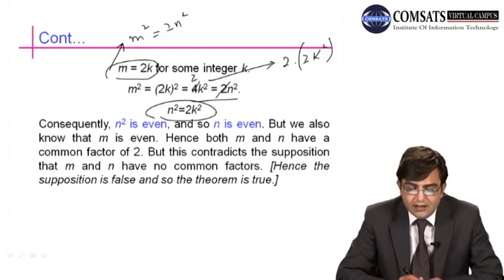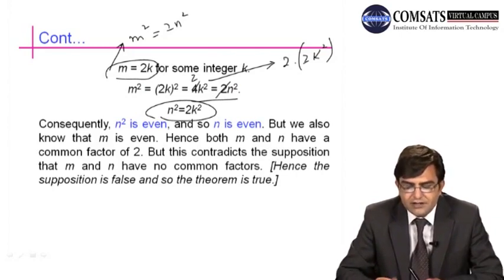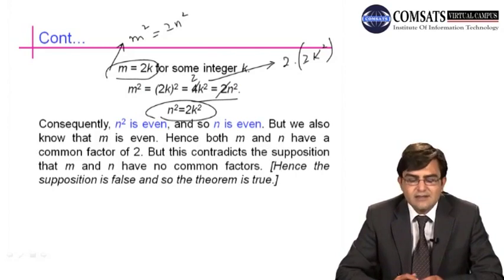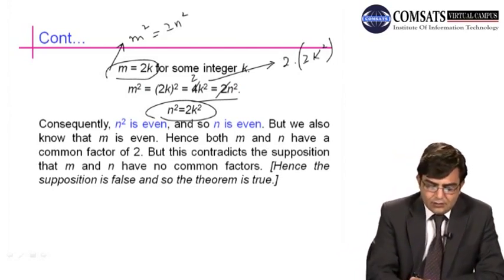Now n square is equal to 2 into some integer. What does it mean? It means that n square is even. If n square is even, then n must be even by the previous theorem. So n is also even.